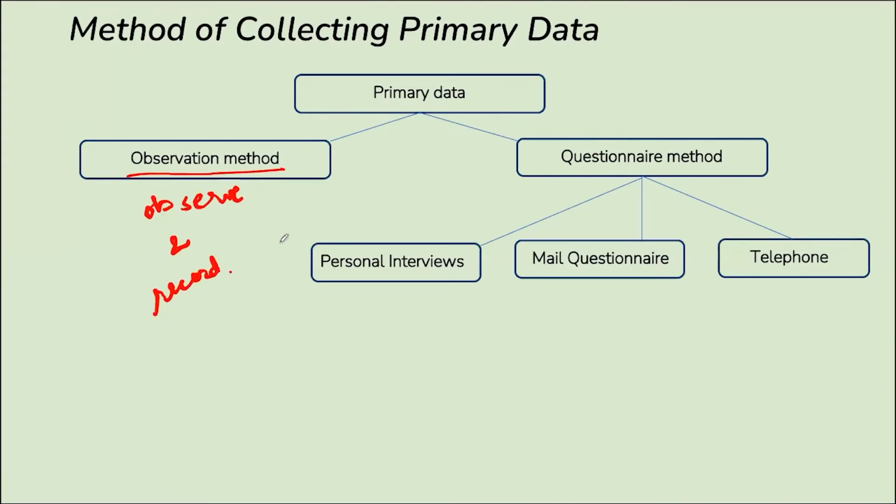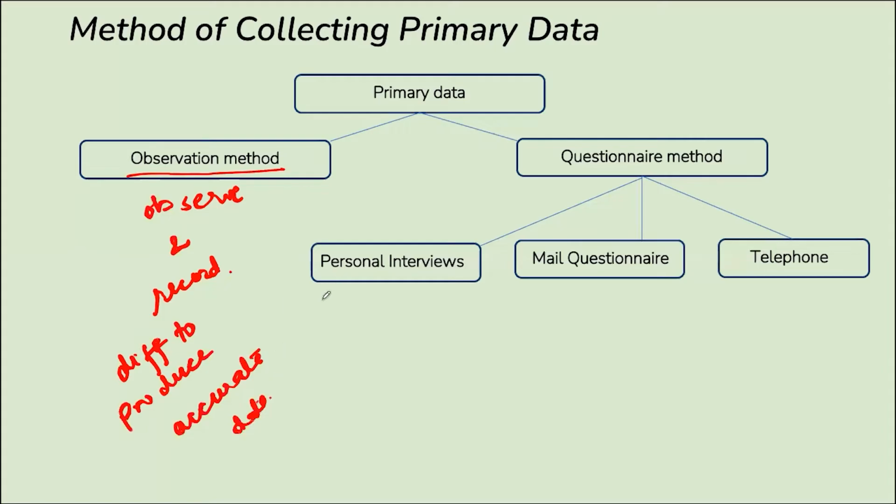Sometimes individuals make the observation, and sometimes mechanical devices make the observation. But one of the disadvantages of the observation method is that it may be difficult to produce accurate data. Why is this so?